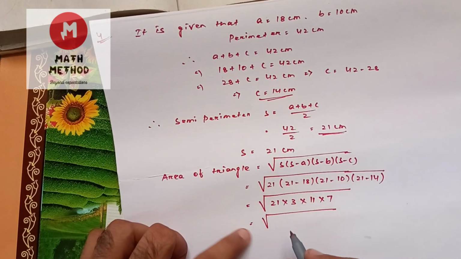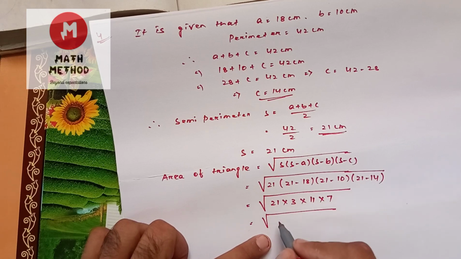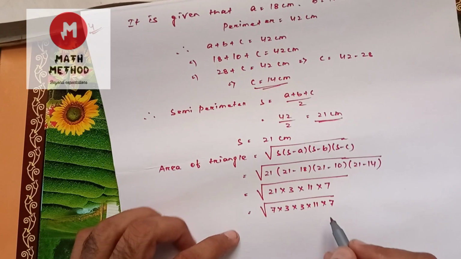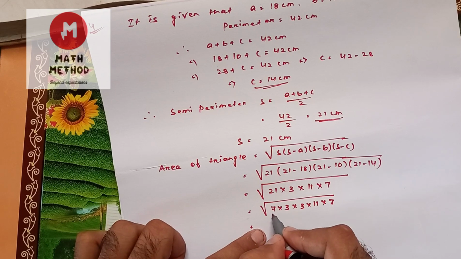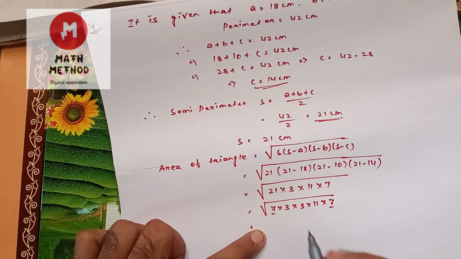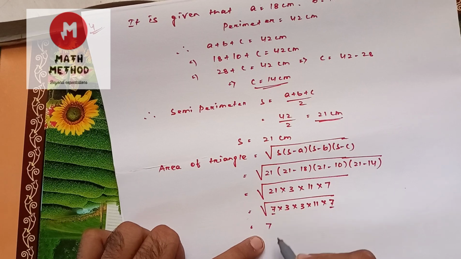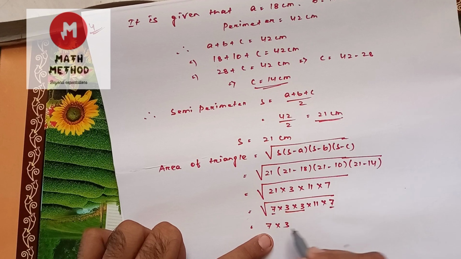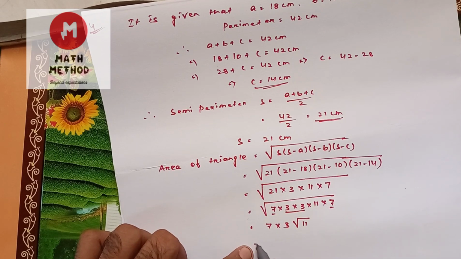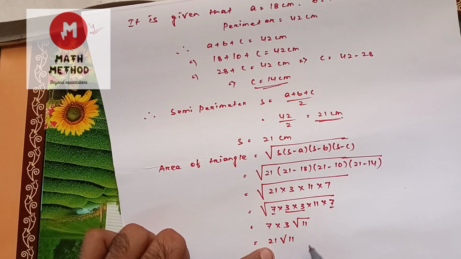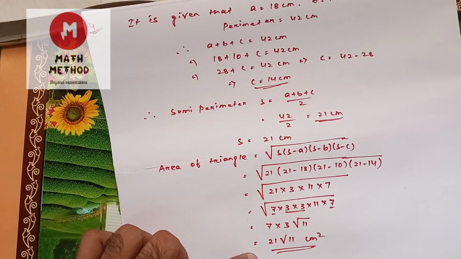Similarly 21 we have to do factorization of 21, that is 7 into 3 into here 3 into 11 into 7. So root over means we have taken 1 7 from 2, that is 1 7 into here 3 are 2 times, therefore 1 3, then root over 11 is equal to 21 root over 11 centimeter square, that is our area. Therefore the area of triangle is equal to 21 root over 11.